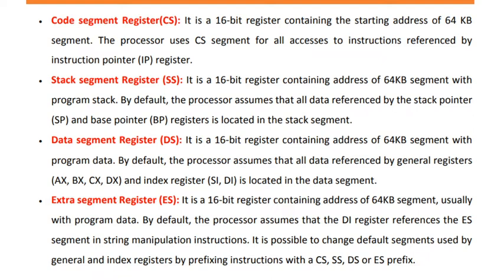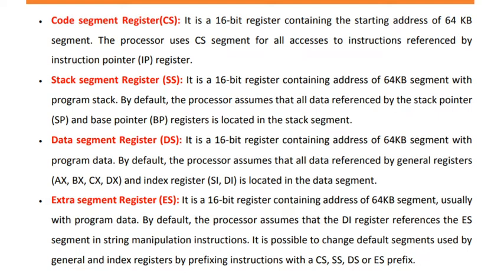The data segment register is a 16-bit register that points to the program data. We have also learned that by default the processor assumes that all the data referred to by the general purpose registers AX, BX, CX, and DX and index registers SI and DI is located in the data segment. So here we'll use the offset as SI, DI and BX.